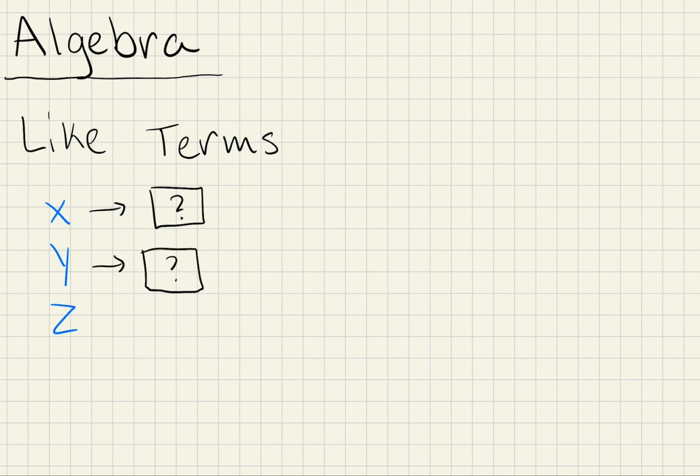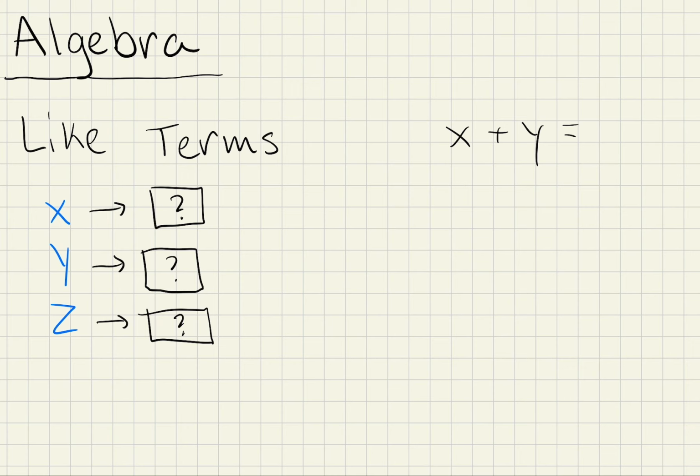And oftentimes, when we have different variables, it means we have different items in these boxes. We don't know exactly what's in these boxes, and that's kind of the point of algebra, is to solve that mystery. So x, y, and z represent different unknowns that we are going to be using and solving for. So we can't take x and add it to y because we don't know what they are.